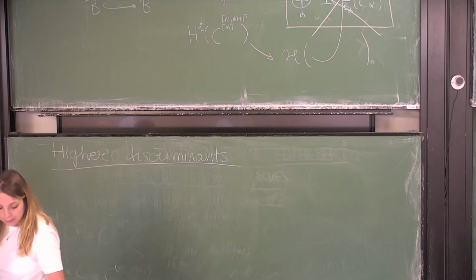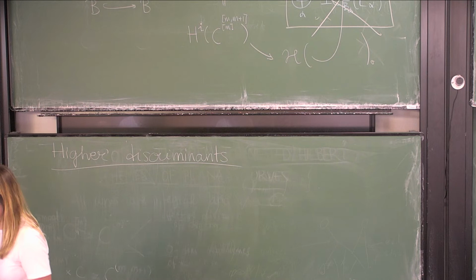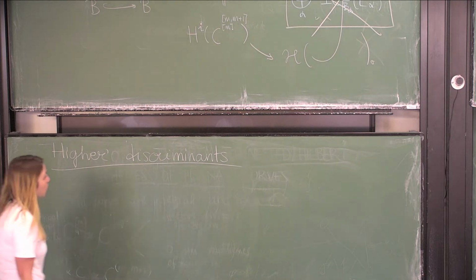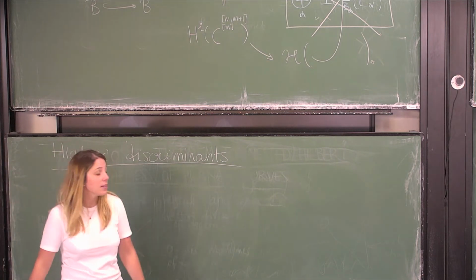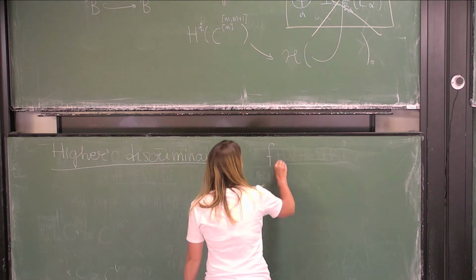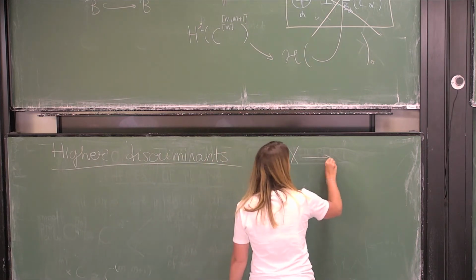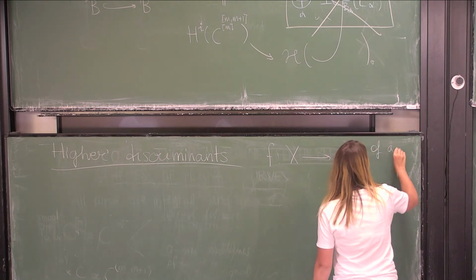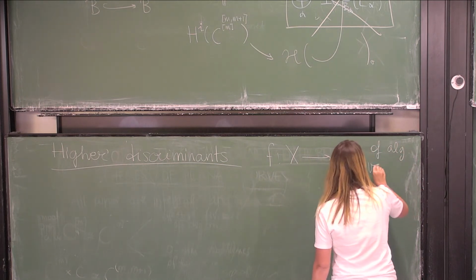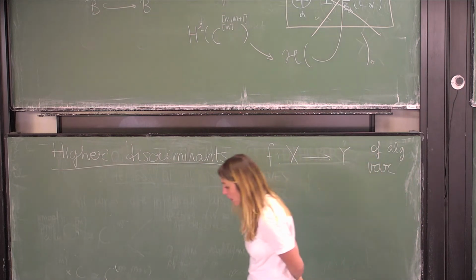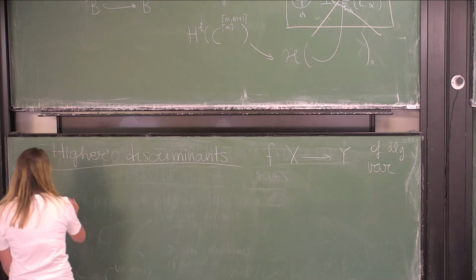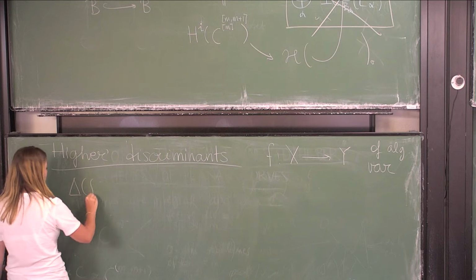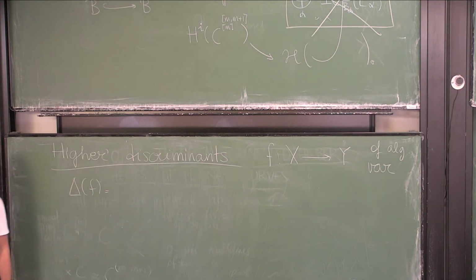Okay, the name is evocative. So, what does the theory of higher discriminants say? Suppose we have a map f from X to Y of algebraic varieties. We are all familiar with the notion of discriminant.